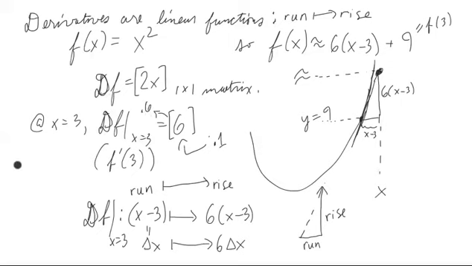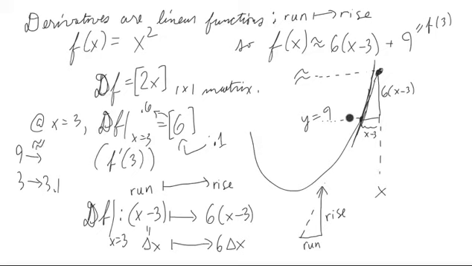That is, if our run being 0.1 means that our input changed from 3 to 3.1, since we've gone on a run of 0.1 past x equals 3. And that means our rise will have gone, well, at 3 the function is 9. And so this is, of course, an approximation. This is a linear approximation.